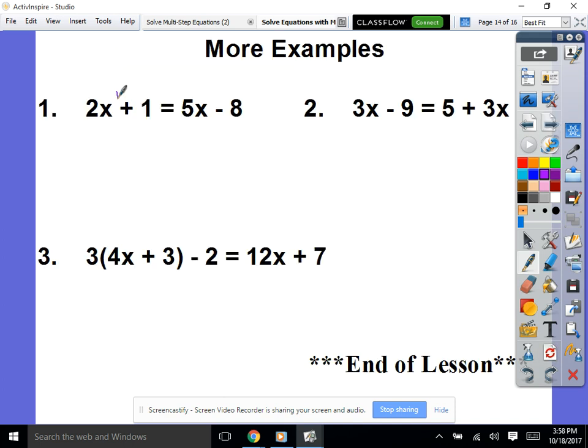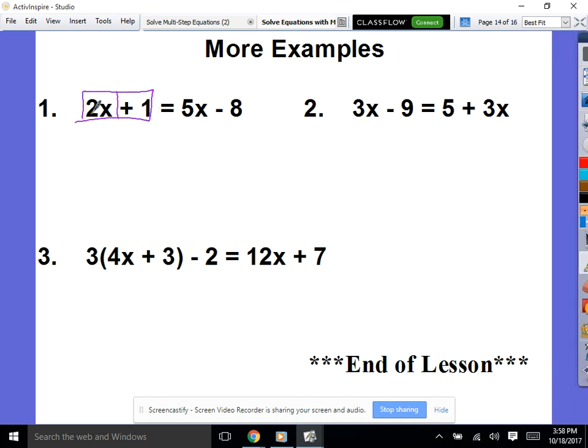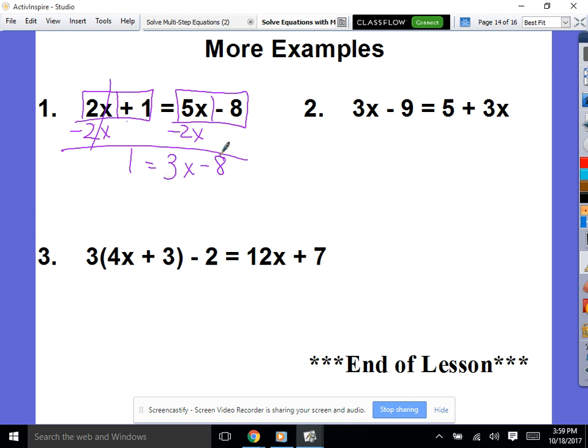Okay, let's box in our terms. We have no parentheses. We have no like terms on either side, so we need to eliminate a variable. Let's subtract 2x. 5 minus 2 is 3x minus 8. You'll know how to go ahead and solve this.